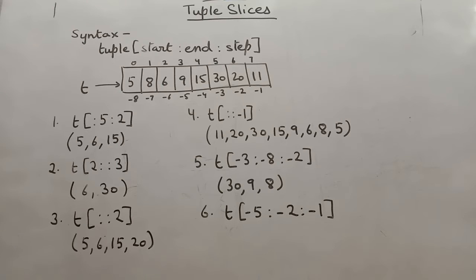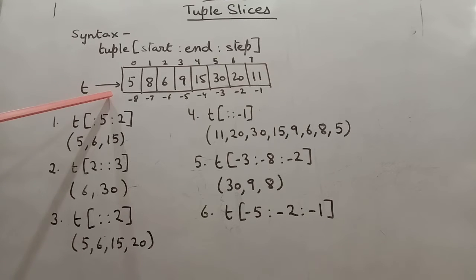If the step value is negative and the starting index is missing, then it will be taken as -1. And if the step value is negative and the ending index is missing, it will be taken as the beginning of the tuple. Now let us see certain examples to understand this concept in a better way.